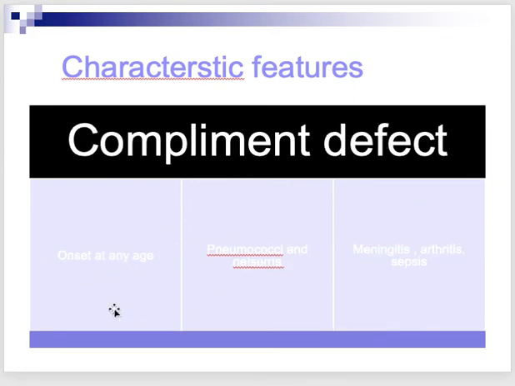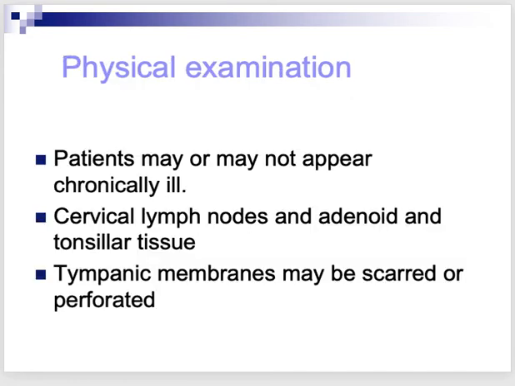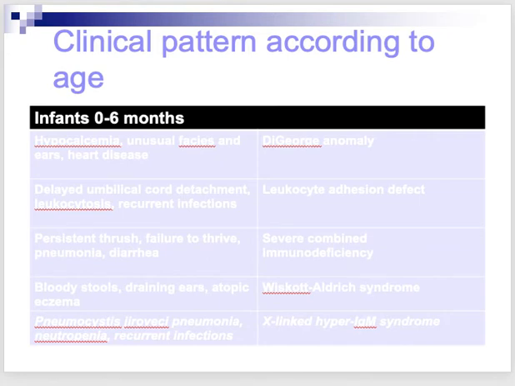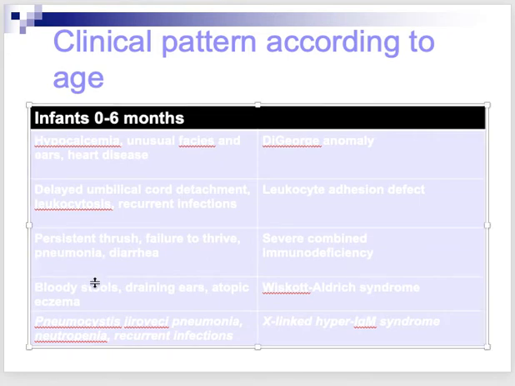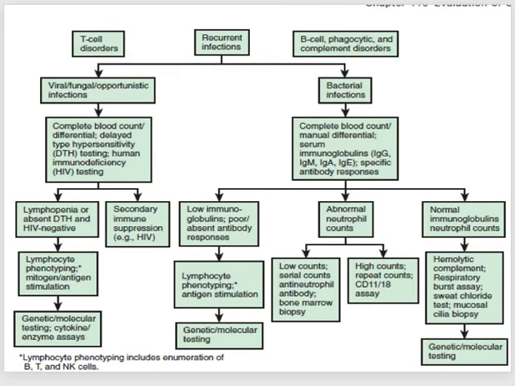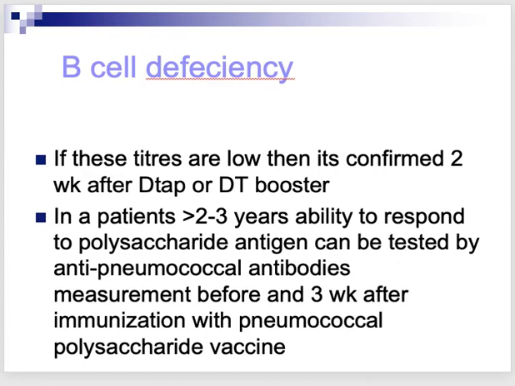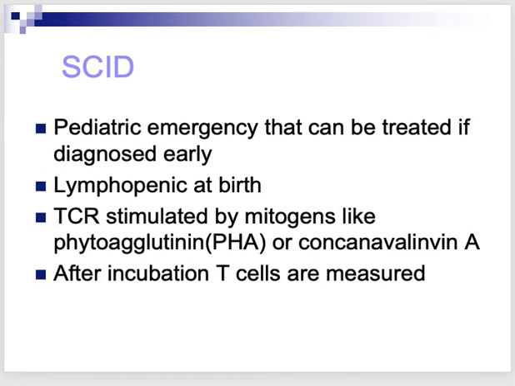The thing is not clear over here. I will change the color of the slide, or you can do it yourself. Yes, the B cell deficiency and SCID and all this.